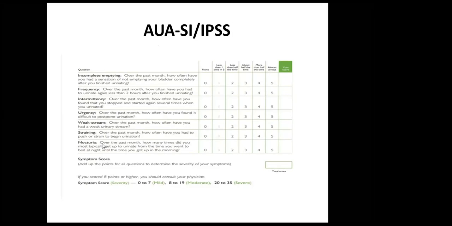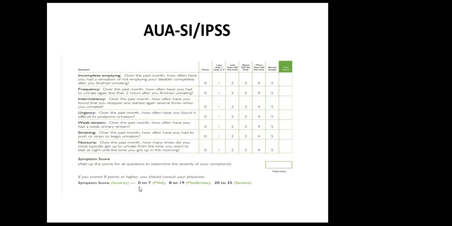The patient himself can give a mark according to the severity of the symptoms that he has. Finally, a score is totaled, and according to the score, one can differentiate BPH into mild, moderate, and severe.